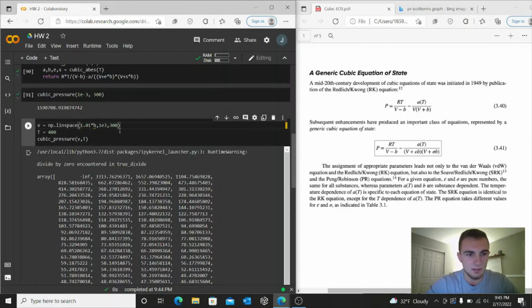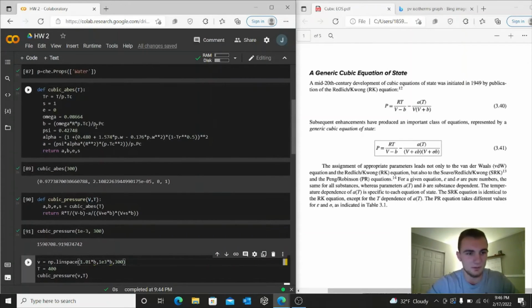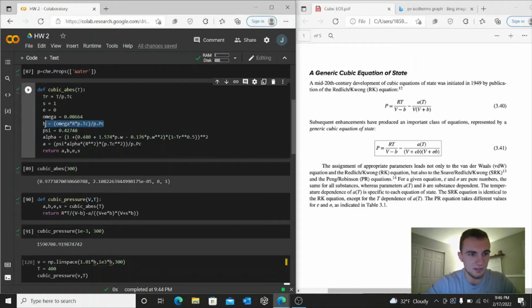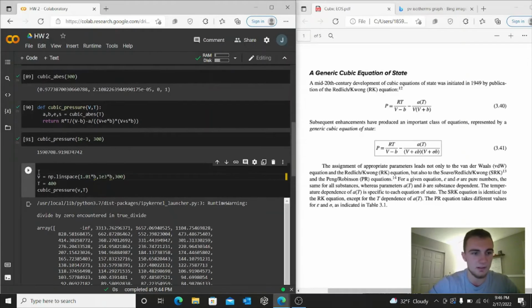So 1e3 times our b parameter, again, so that's always above. Well, now we do run into the issue of, well, what is b again? Well, we calculated it up here. So I'll just copy and paste it into this cell block here. So I'll move that down, just paste that in.